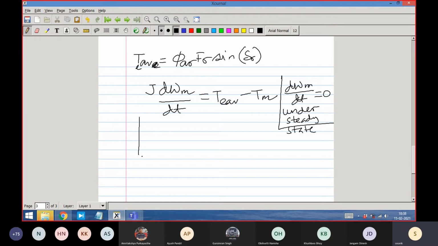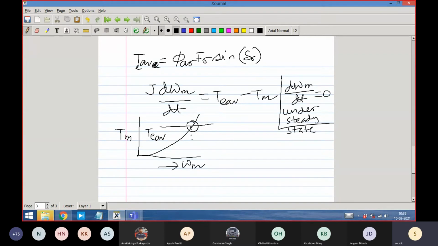Let us say one mechanical load characteristic may be like this. This is mechanical load torque and this is mechanical speed. There is a characteristic like this, and electrical torque is produced as per this relationship. At a certain point, if it comes to steady state, the electrical torque has to be equal to this value. Let us say the electrical torque T E average is this.